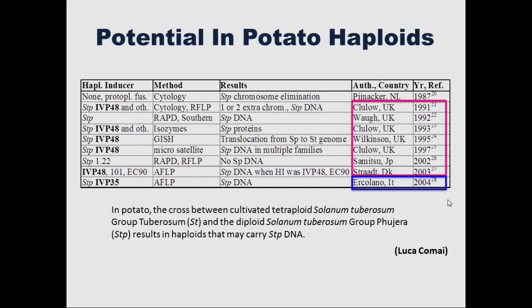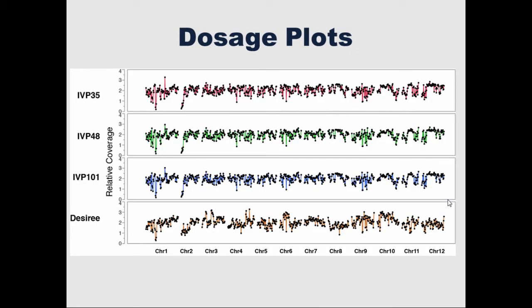We just are going to start analyzing haploids that we're going to make in-house with our own haploinducer lines using this protocol and using our technique to hopefully see if that actually exists in potatoes. And just as a quick last slide, just to show you what we can do with available data.